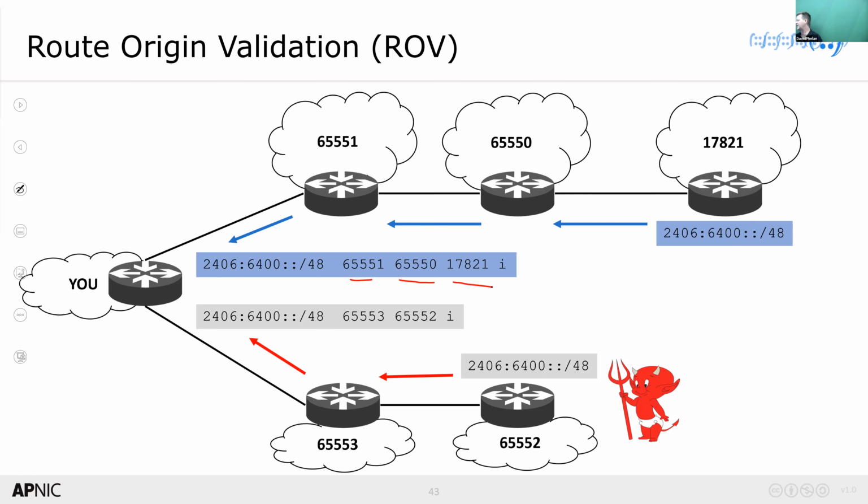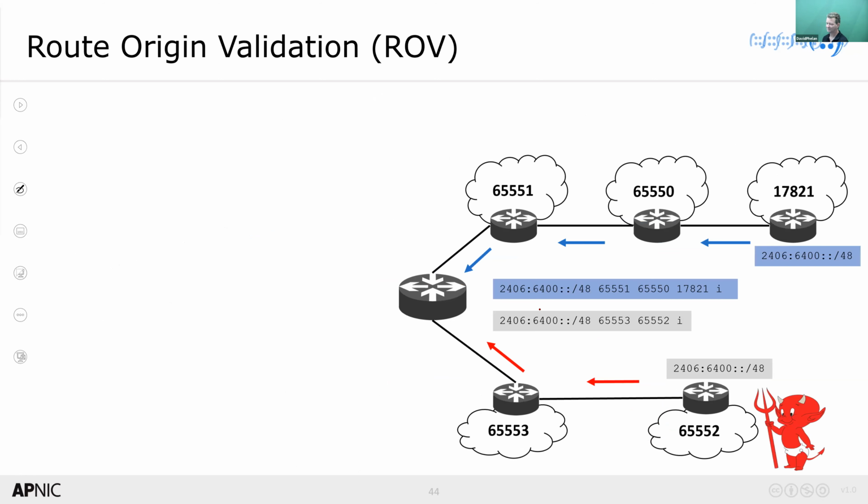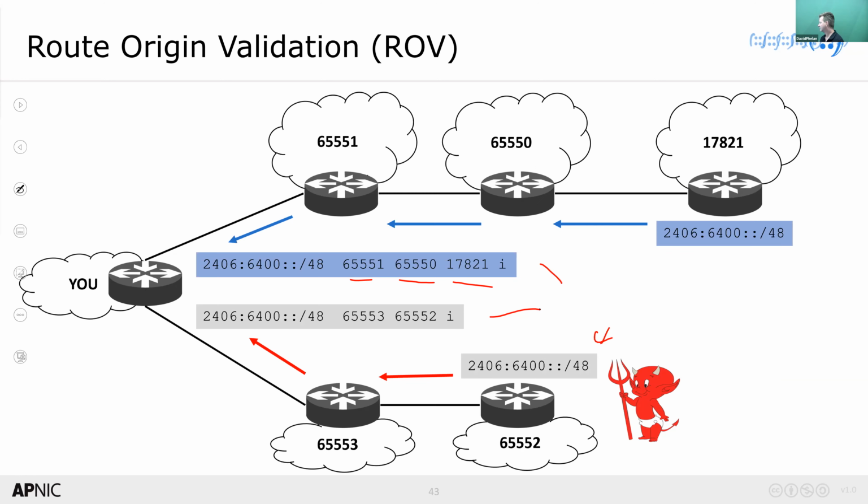All of a sudden we have 65552 announcing my prefix. He announces it to 65553, who then announces it back to me. Which of these two is going to wind up in my route table? This guy down here.